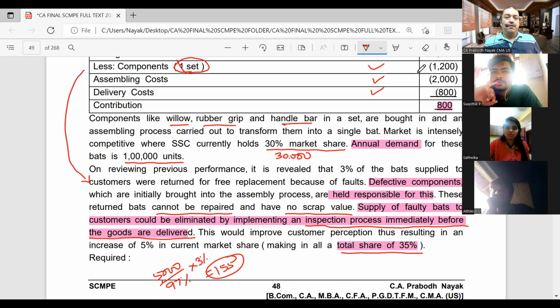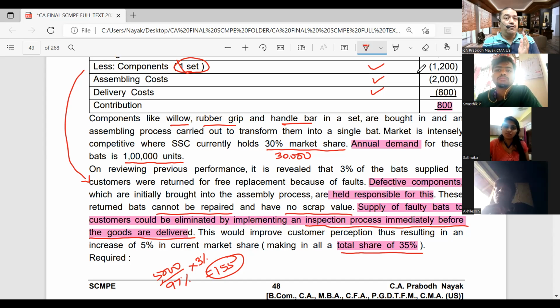Okay. Now pay attention. Very important point. When I calculated the cost of 928 bags, I showed you the specific calculation in brackets: 1,200 plus 2,000 plus 800.